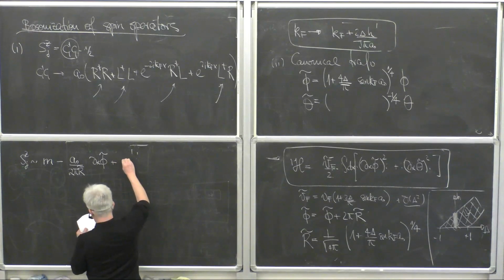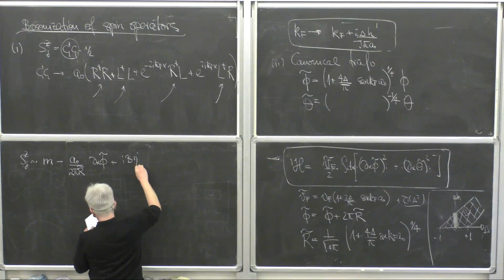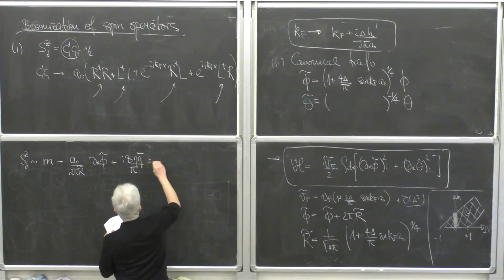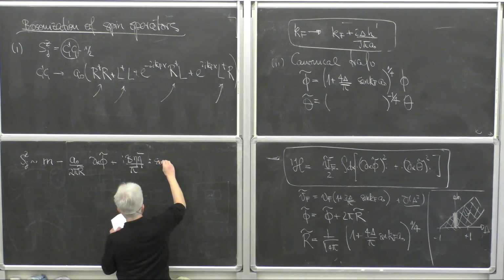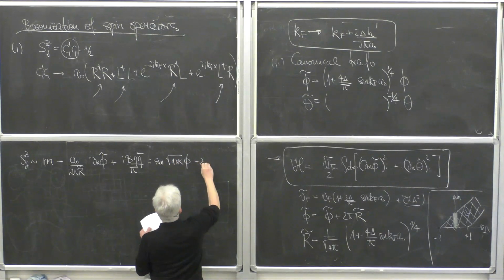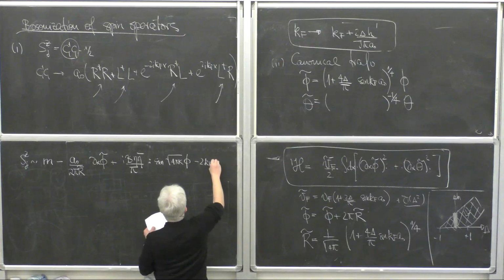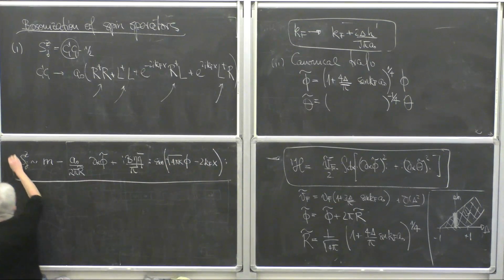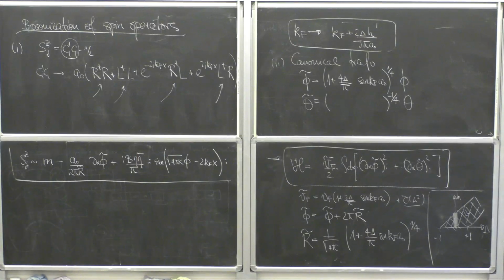Plus i, some coefficient \bar{\eta} divided by pi, and here we have sine of the square root of 4 pi K phi minus 2k_F x. So that is the bosonization of the spin operator S^z.